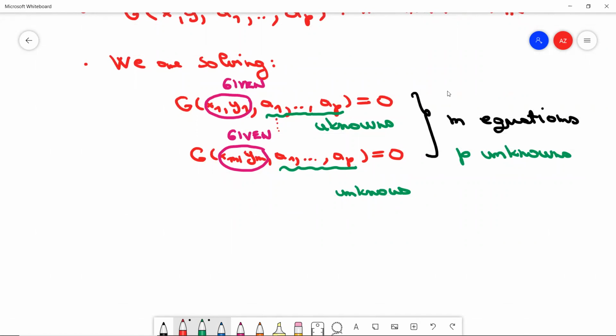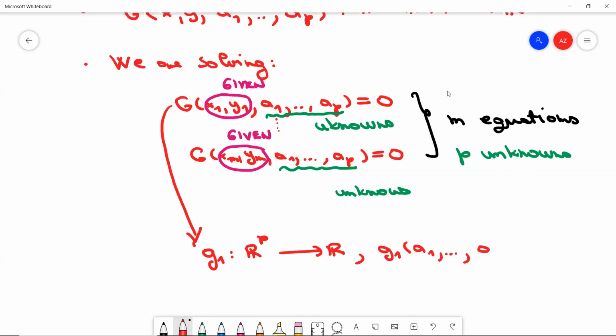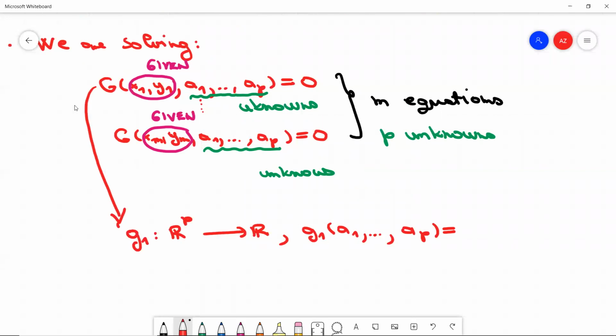And in fact, we can denote this first function as g1. It maps from R to the power of p into R, and it is equal to g1 of a1 up to ap. This is equal to what's written up, so it's capital G of x1, y1, a1 up to ap.